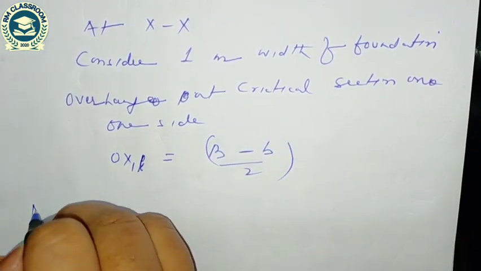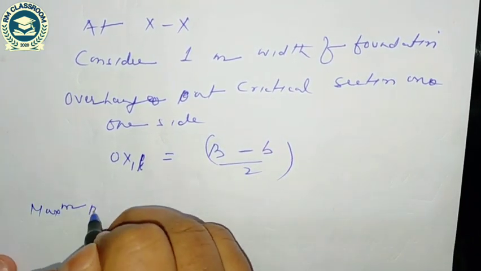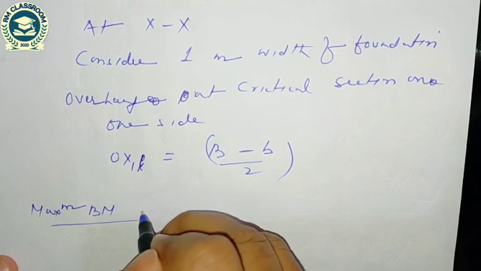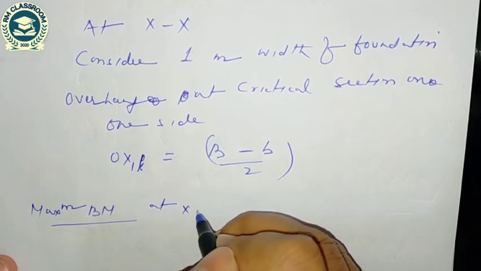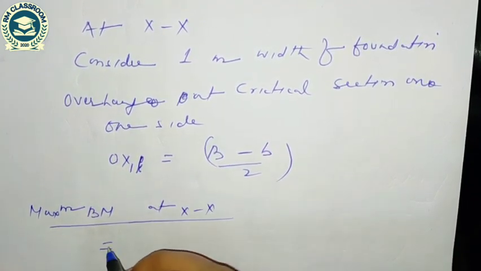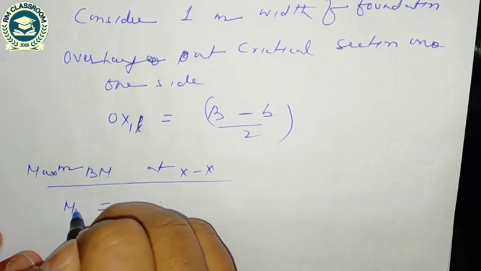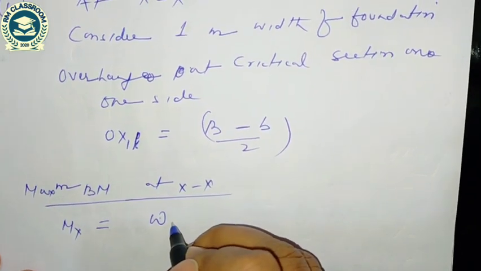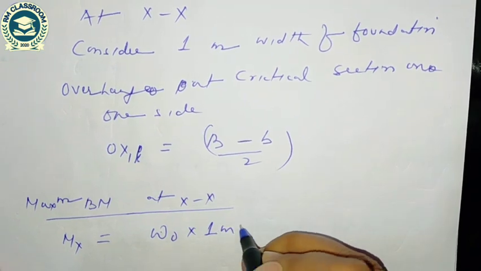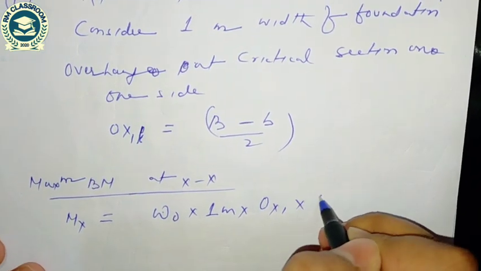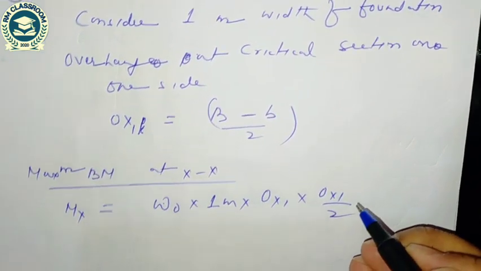So the maximum bending moment at XX is equal to W naught into 1 meter into OX1 into OX1 by 2.